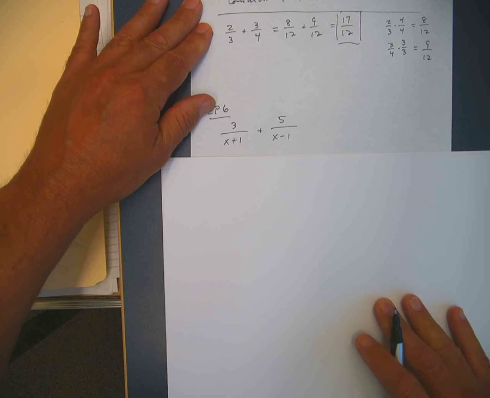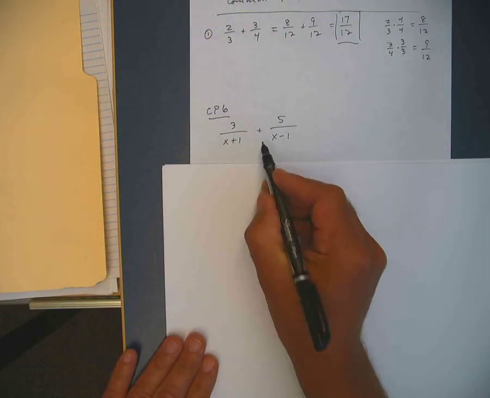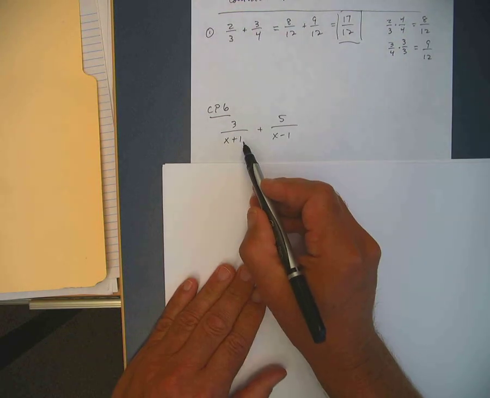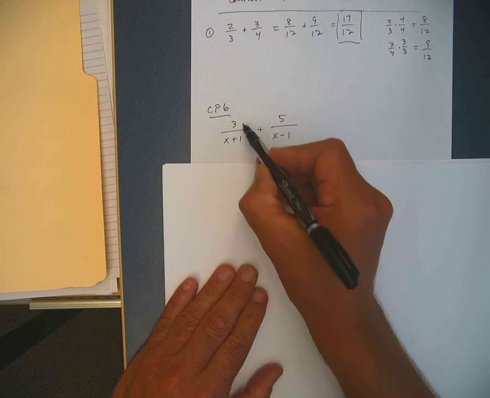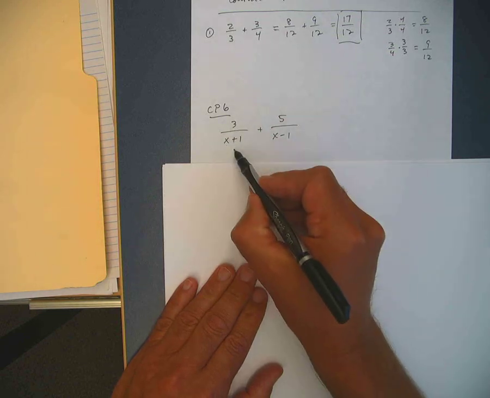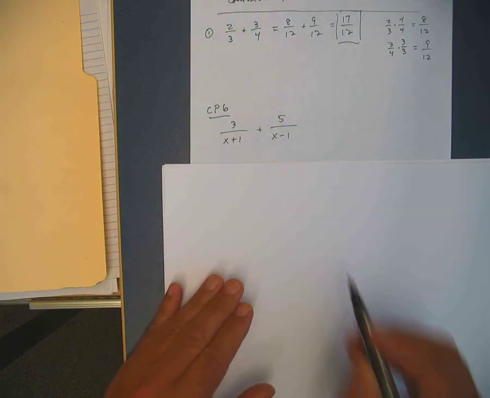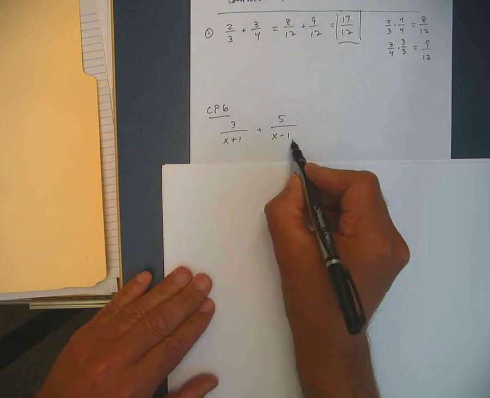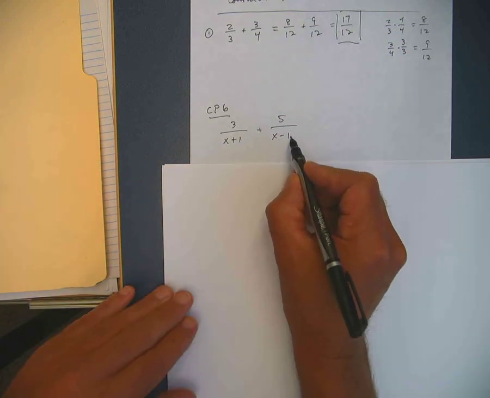Okay, let's take an example with rational expressions, and we have variables in here. Here again, we need a common denominator in order to add these fractions. So we want to rewrite this fraction with the same denominator as that fraction. Here, x plus 1 is the only factor there, x minus 1 is the only factor here. So a common denominator, we can find a similar way to this.